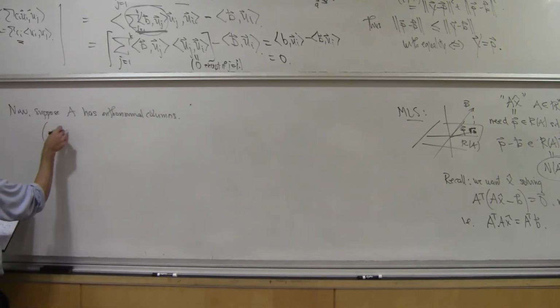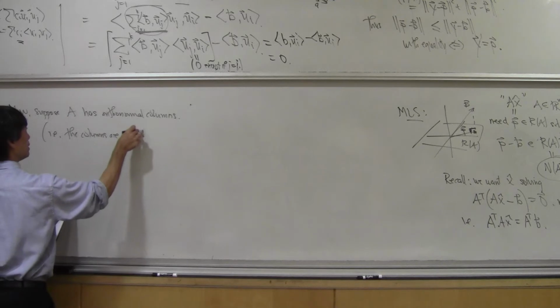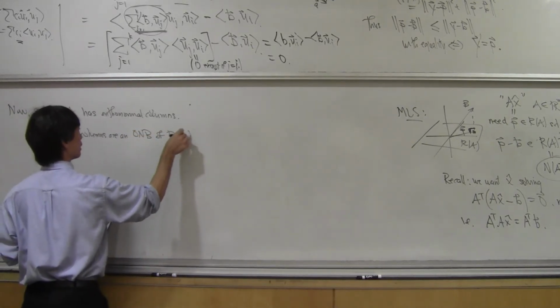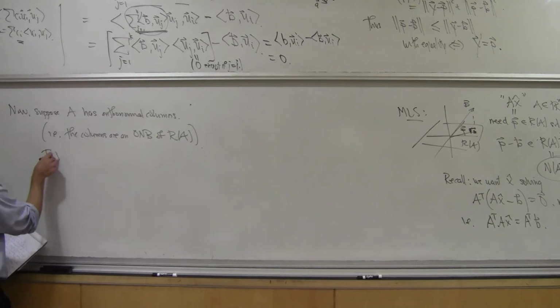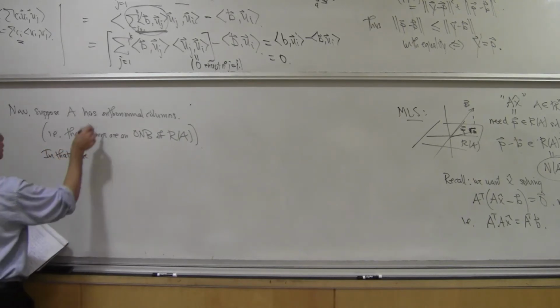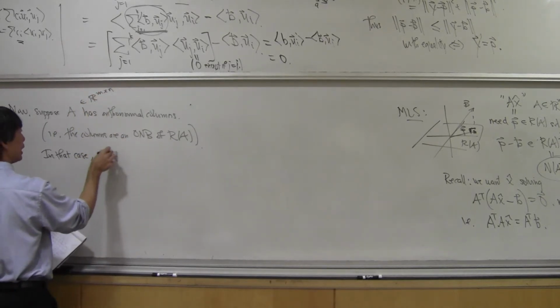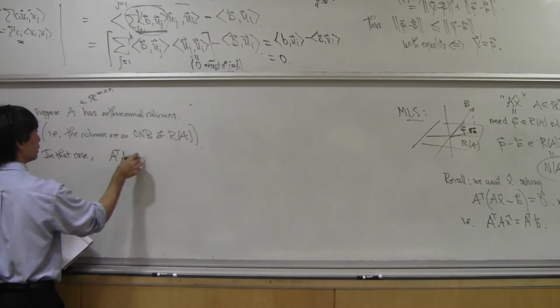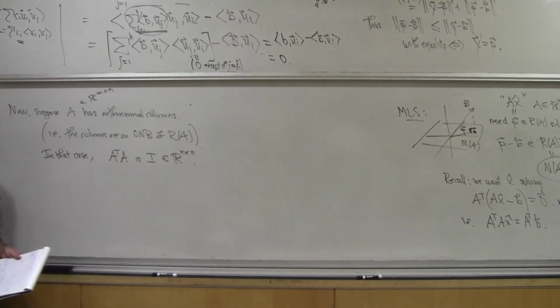In other words, the columns are an orthonormal basis of the range of A. In that case, A transpose A is still the identity matrix. It's an n by n identity matrix.